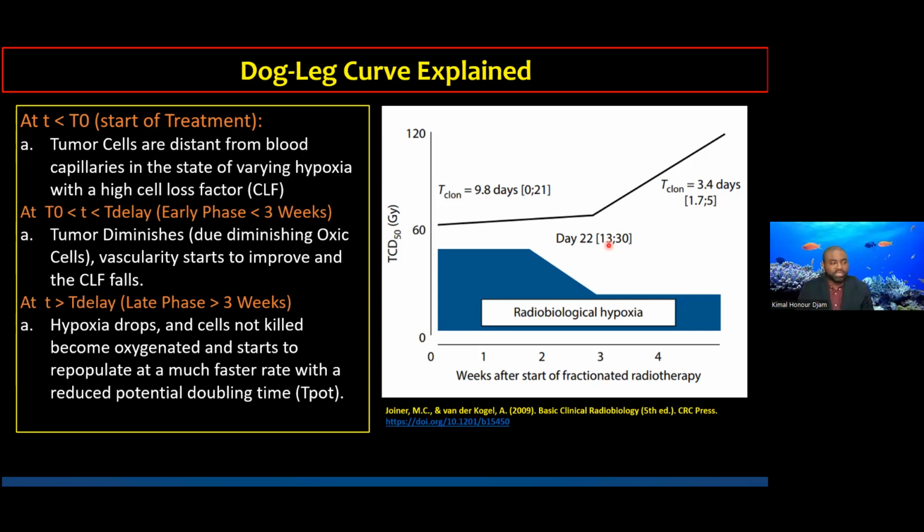And so the question I want you to begin to think about is, if we have a treatment gap within the first lag period and a treatment gap after the onset of rapid repopulation, what would be the dosimetric implication to that particular patient? I'm going to answer this question towards the end of this presentation, but it's something that I feel you should begin to think about as we have this ongoing conversation.